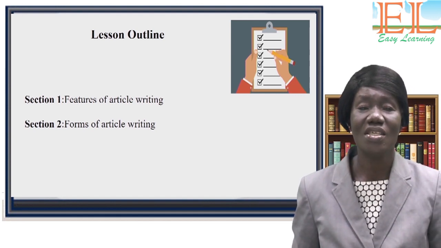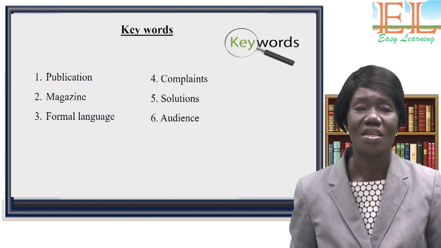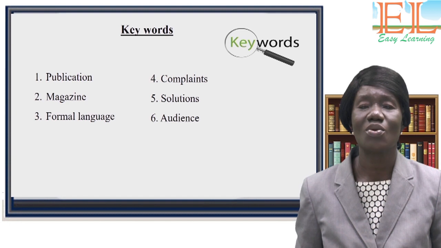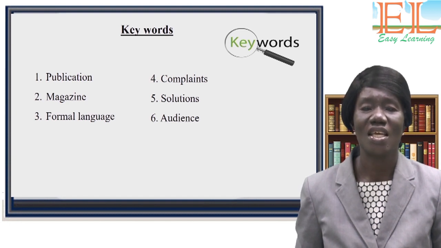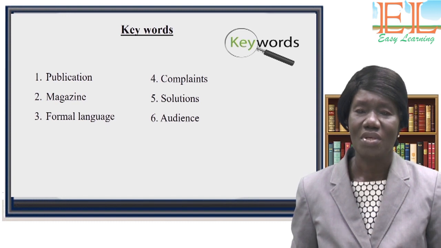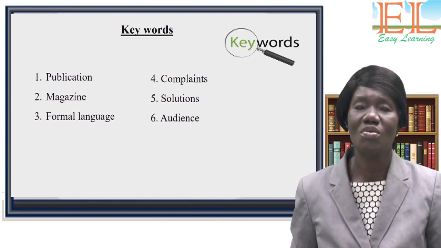Let's have a look at these keywords. We have publication, magazine, formal language, complaint, solution, and audience. Look at them. See whether you can write a synonym for each and show it to your teacher.